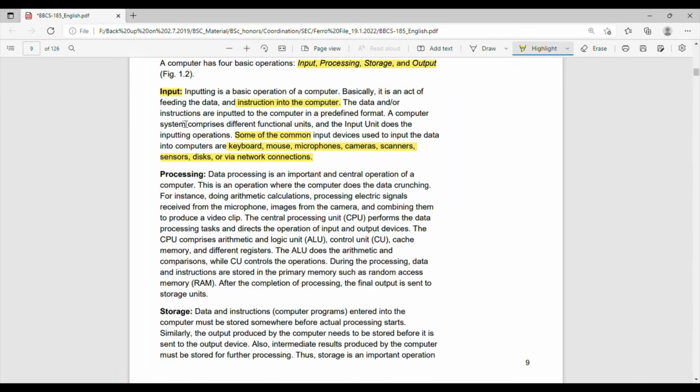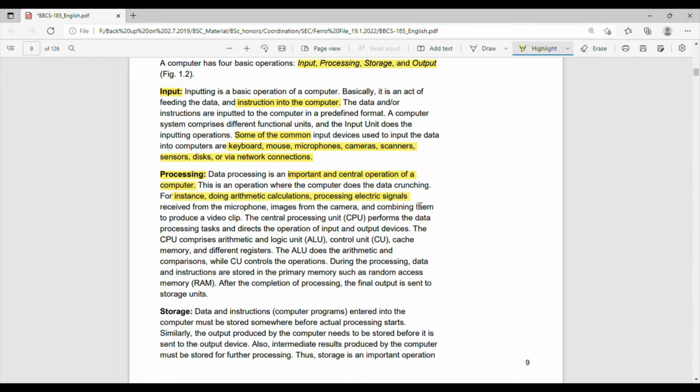These instructions which I give to the computer will be processed. This is an important and central operation of a computer: processing is the central operation. Whatever instructions I give, it is going to process them, and for this it might use some arithmetic calculations and electronic signals.